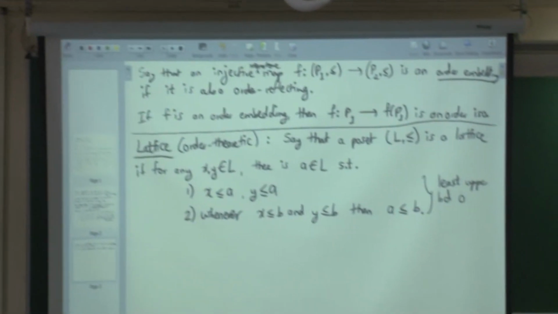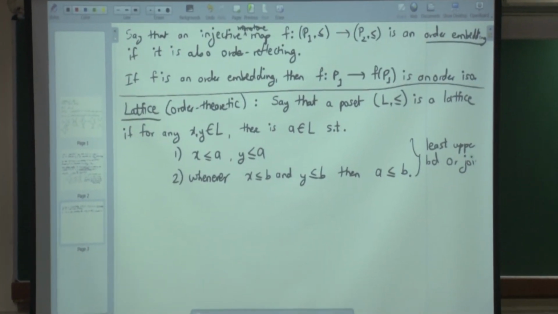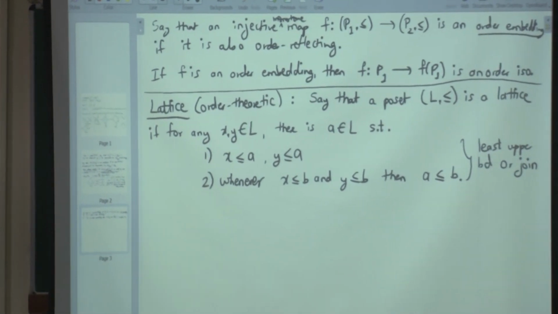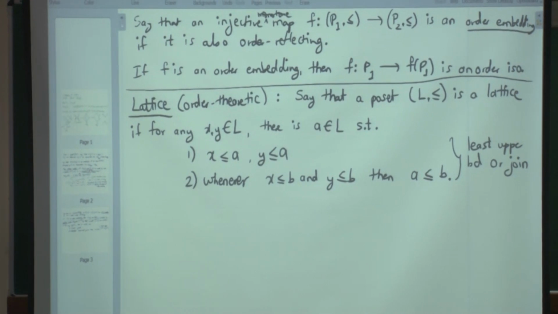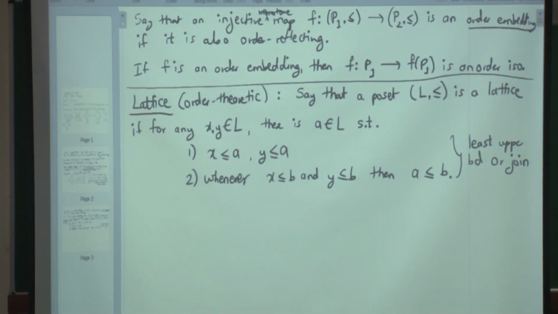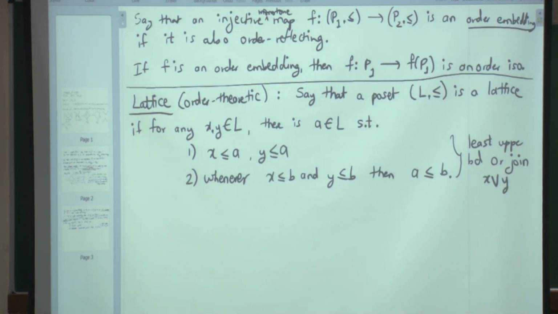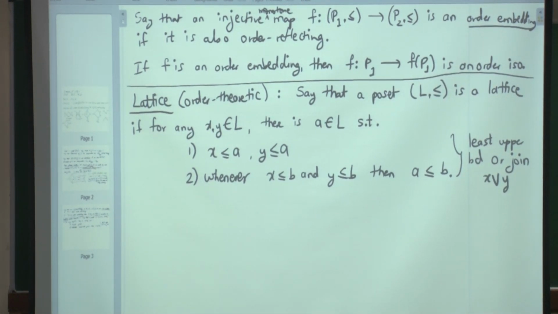So this is the least upper bound, or join. Okay, join is the correct technical name for this. And how do we write this? We write it as x, then small v, and then y.